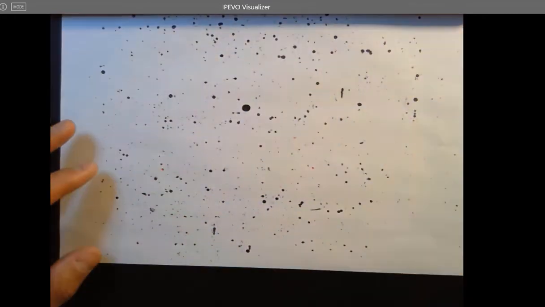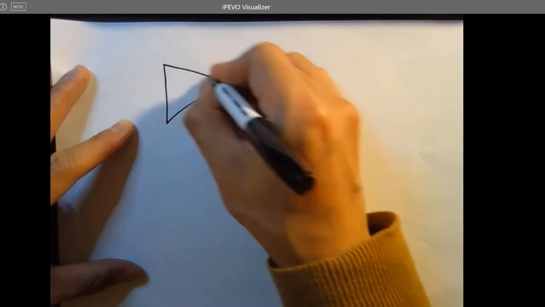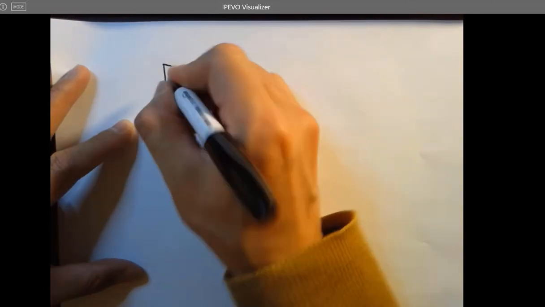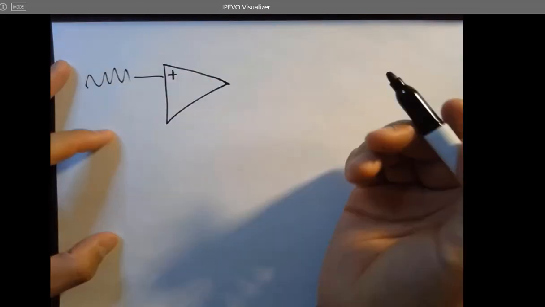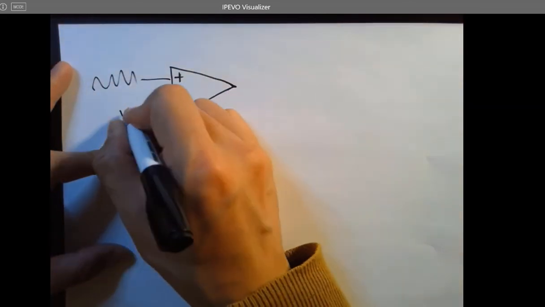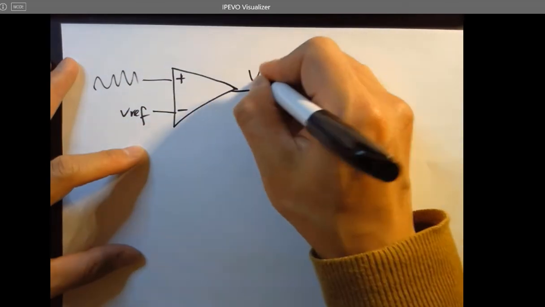And because of this, if there is a signal and you have a reference voltage, that's a signal input, a random signal like that. And there's a Vref, that's a reference voltage. And here's V out.